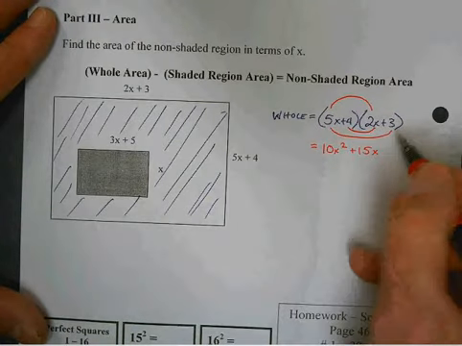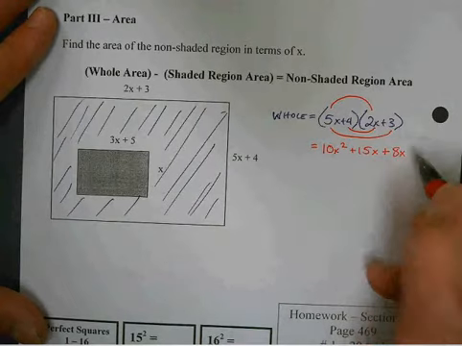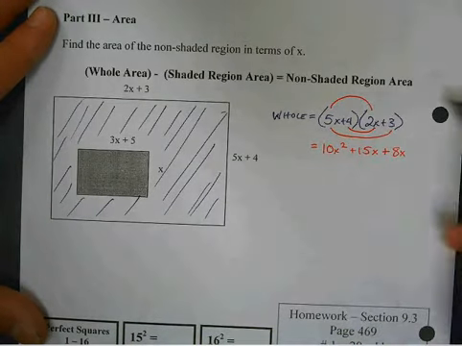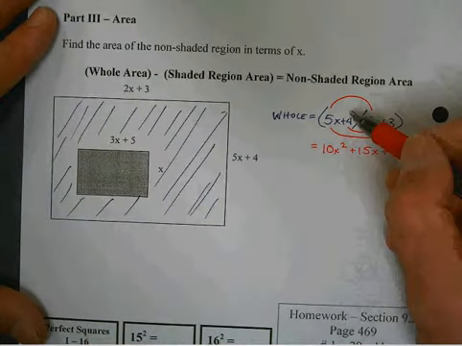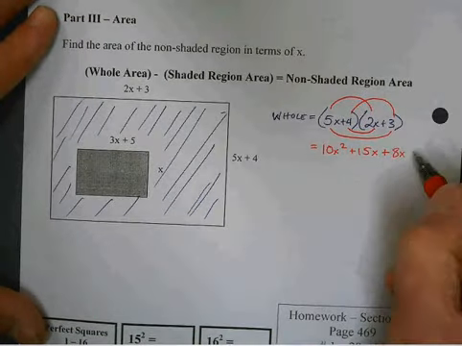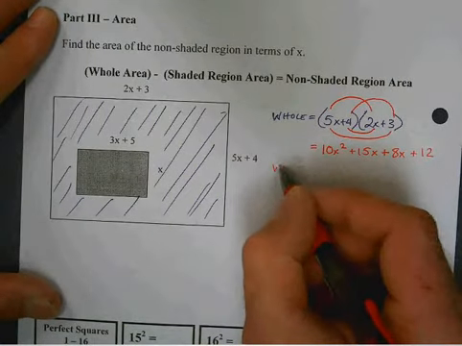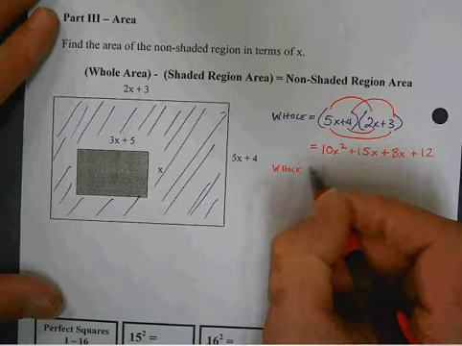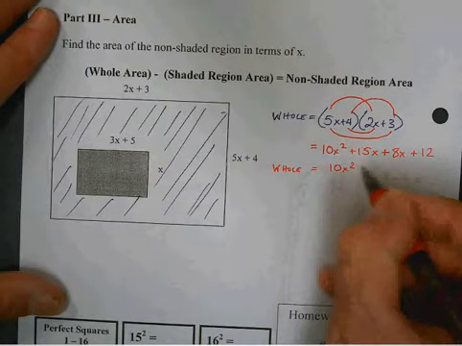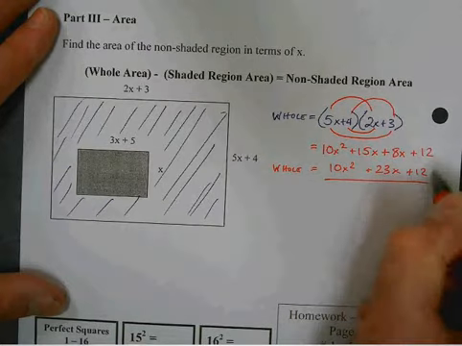Okay, and then you get 8x. 8x, good catch. And then you do 4 times 3, which is 12. All right, so our area of the whole is 10x squared plus 23x plus 12. So there's my whole, right?